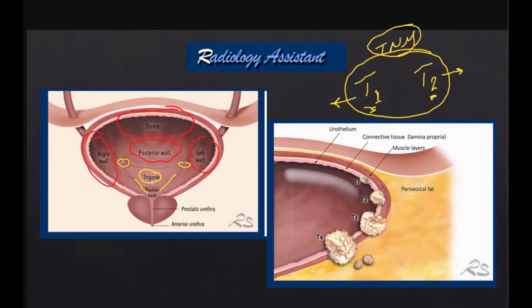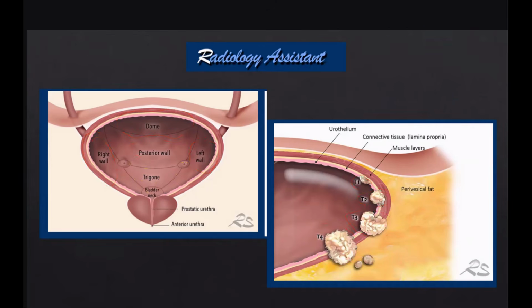As you can see in this diagram, T1 is contained within the mucosa, T2 invading the muscle, T3 invading the serosa of the urinary bladder and going to the perivesical fat, T4 is adherent to the adjacent structures outside the urinary bladder.